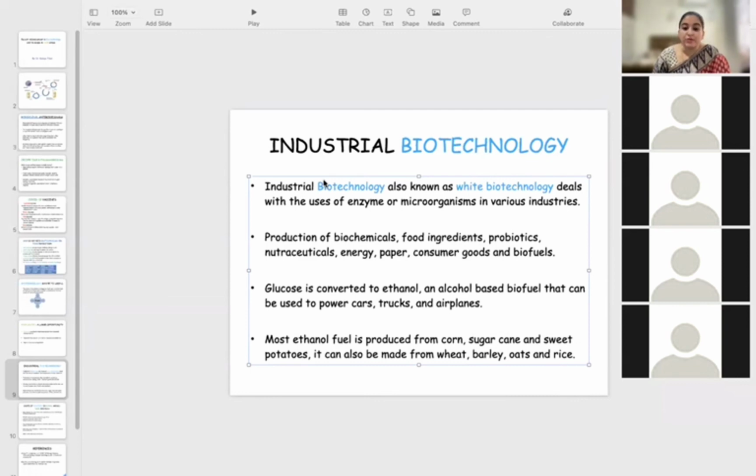Most ethanol fuel is produced from corn, sugarcane, and sweet potatoes. It can also be made from wheat, barley, oats, and rice. So this way our fossil fuels are not depleted, and along with that we can also take care of the environment, and the food wastage can also be taken care of if this is an option, if in future it is applicable.